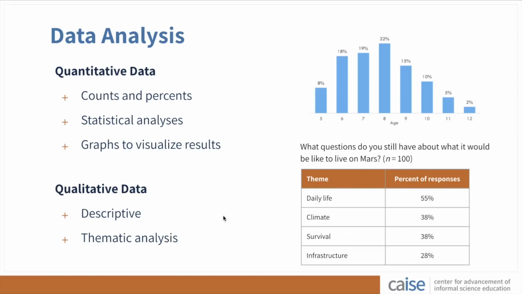Typically, what's nice in a study is to use what's called mixed methods, where you use both quantitative and qualitative data. This is nice because the qualitative data can help explain and describe the numbers you have. So if you have a ratings question, for example, where you're asking someone to rate how much they agree with something, or how much they enjoyed something, you might have a follow-up question asking them to explain their response.